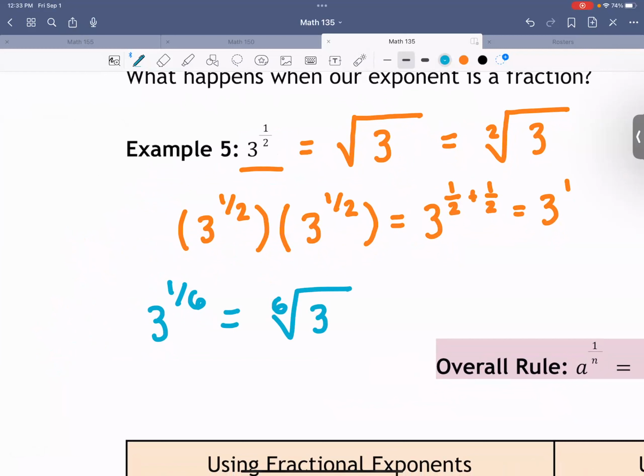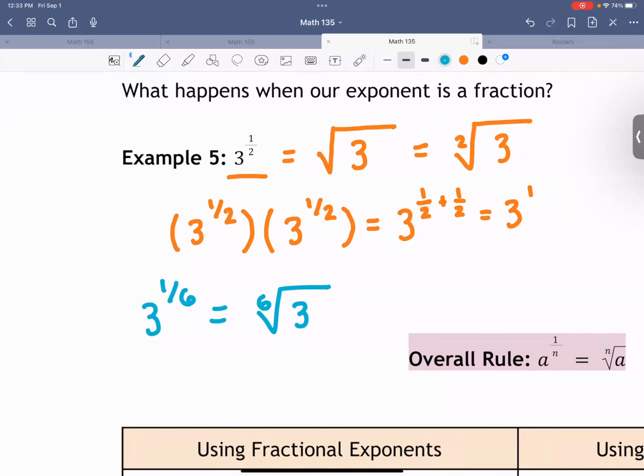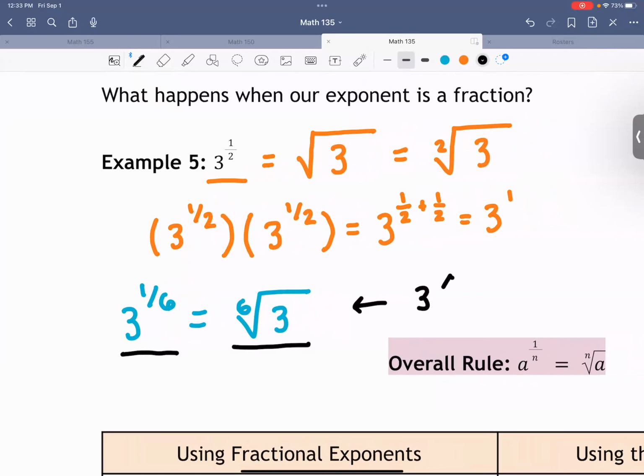Yeah, Zach. I wonder how you would figure out a 6th root. Oh, like how would I find that on the calculator? Yeah. So let's just say you were on your calculator and you want to figure out what the 6th root of 3 is. Your calculator doesn't do it using this notation, but what I would do is convert it back to this fractional notation. On your calculator, do 3 caret.